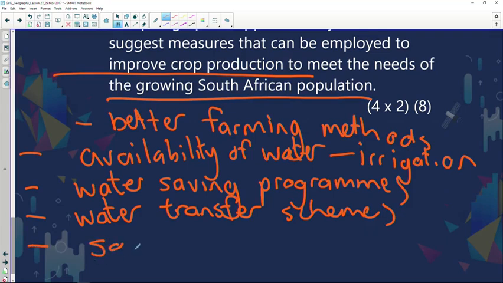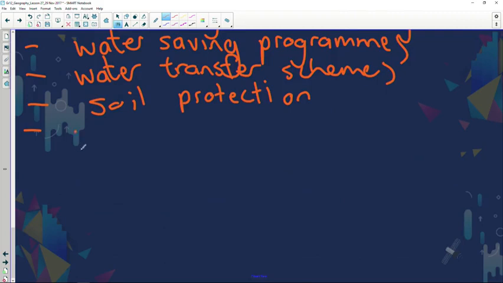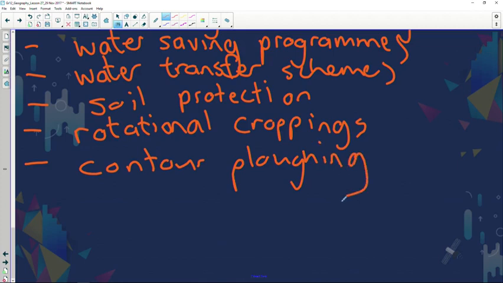Soil protection, look after our soil. And very importantly, rotation of our crops, rotational cropping, and that prevents soil erosion. And we should not do contour plowing, because that also creates erosion.